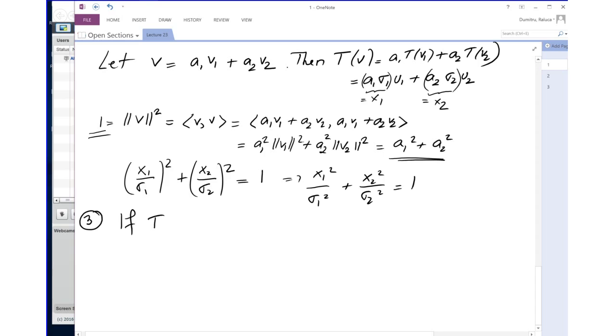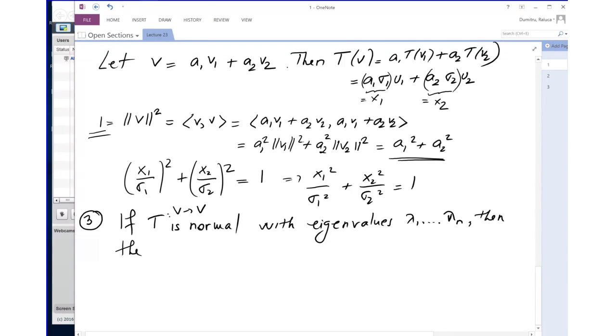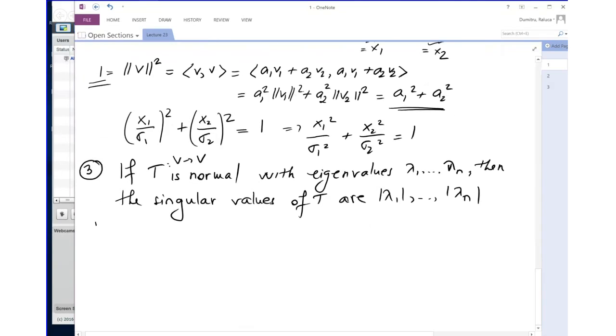So if an operator T is normal, and it has eigenvalues lambda 1 to lambda n, the singular values of T are just the absolute values of the eigenvalues. Like that.